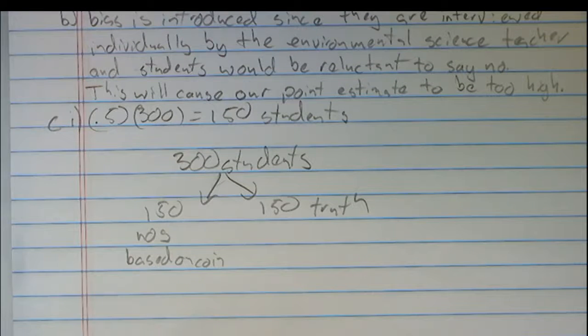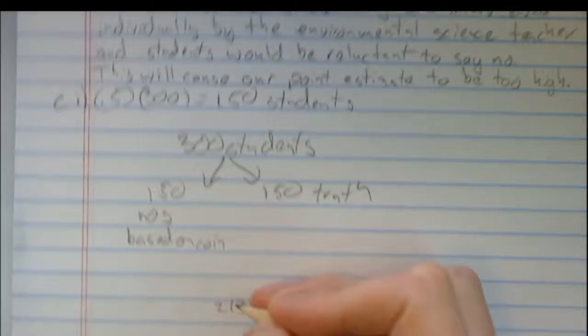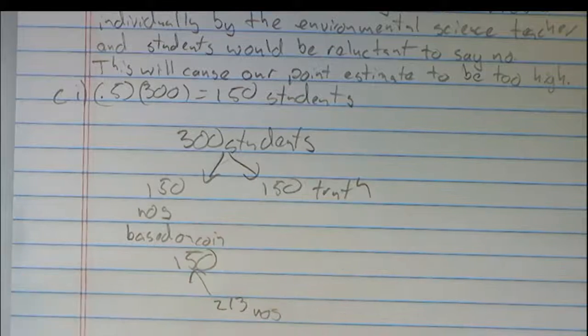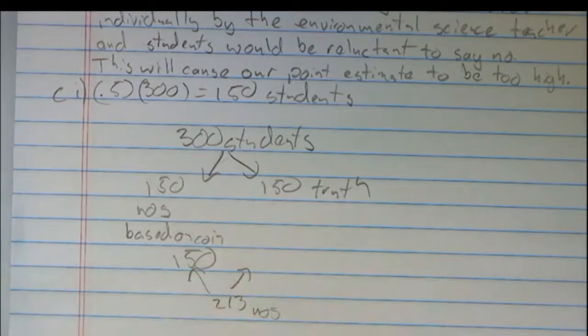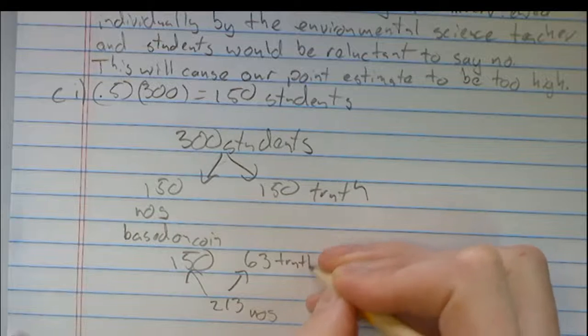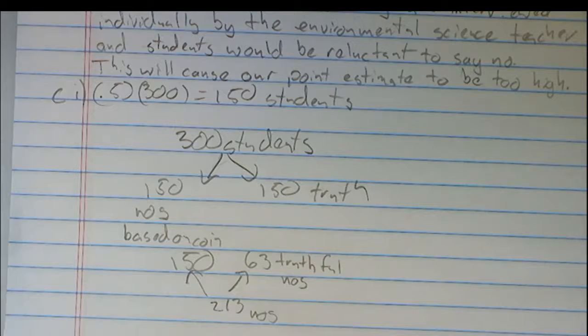Alright, so we had 213. I expect 150 of those are from the coin flip. That means I will expect 213 minus 150, which is 63. And we had 87 yeses.